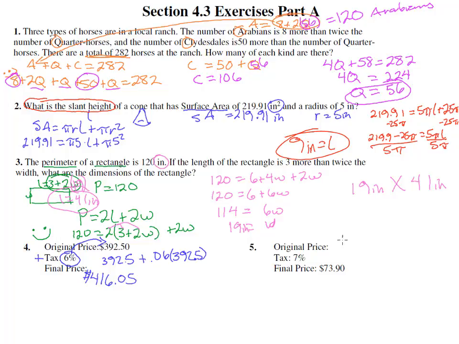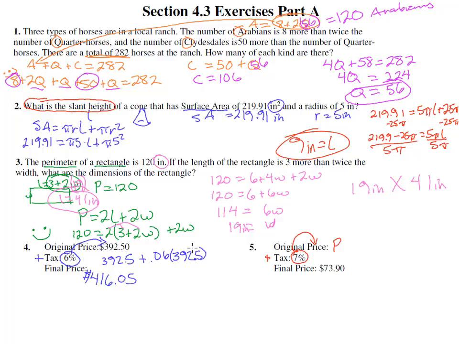Number 5. Original price we don't know, but we're going to take a tax, which is addition, adding 7%. Now 7% of what? It's not 7% of that, it's 7% of the original price. So we don't know it. So we have to go backwards and find out. This is where algebra is valuable. We pick a variable and say, our original price, let's do P for price.